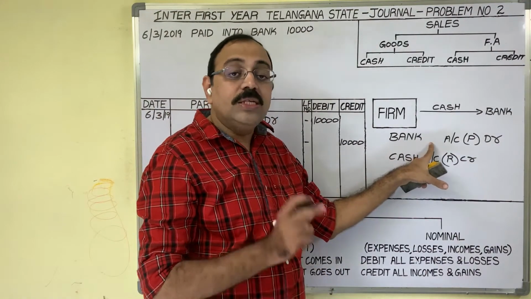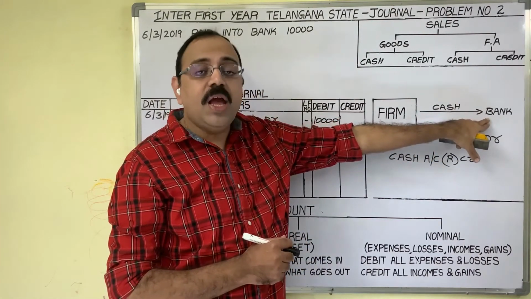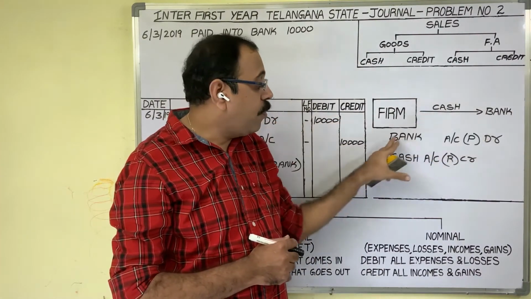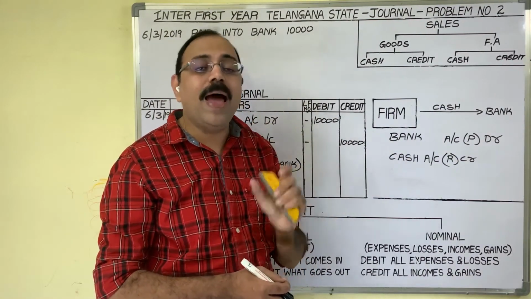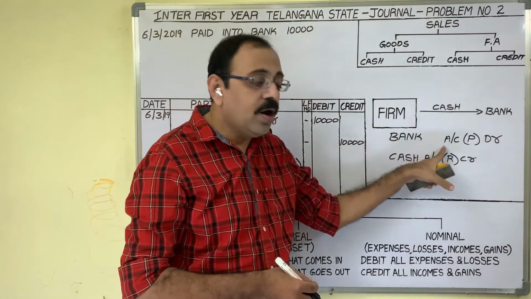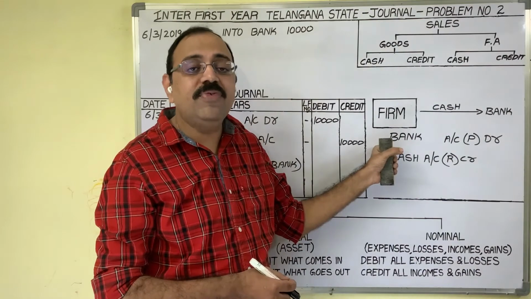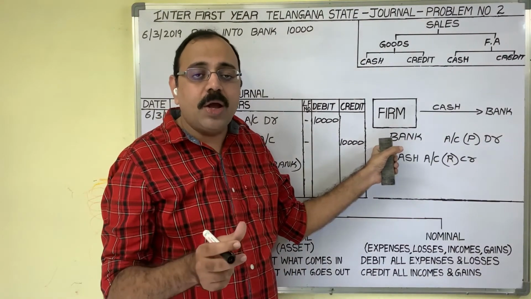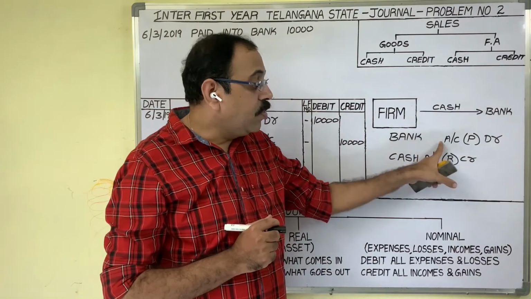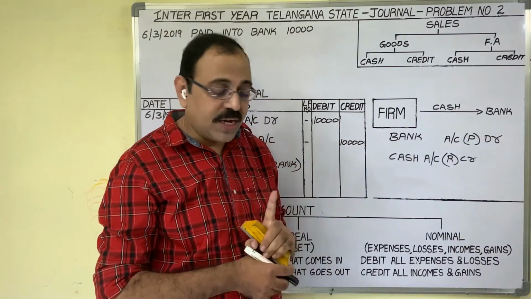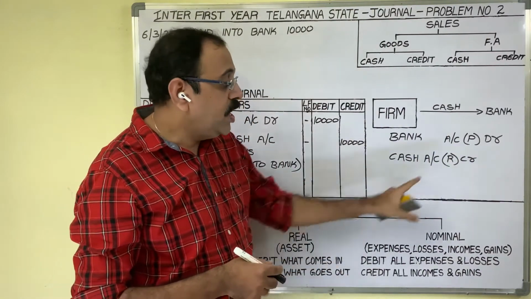Bank account is a personal account because when we are working in any organization, instead of opening a bank account, we open the account with a particular bank name, SBI account, ICICI account. So with any firm's name, if you open an account, it comes under personal account. Therefore, bank account is a personal account. Second one, cash account. It is an asset, so real account.